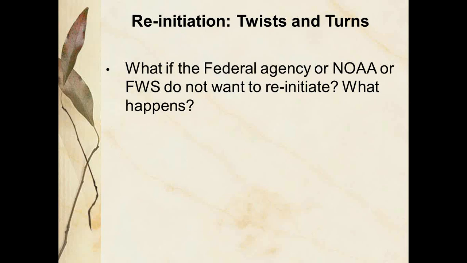There are some potential implications to that. If it's the action agency that doesn't want to reinitiate, and the take gets to the point where you've gone over your take allotment in the incidental take statement, and that was the reason the service came to you, or a modification of the action was the reason, you may be setting yourself up for, like Jerry indicated earlier, the Section 7 authorizations essentially disappearing, and you're under Section 9.